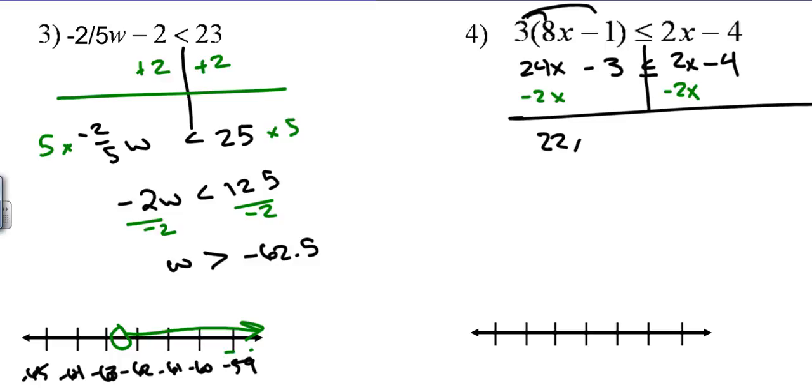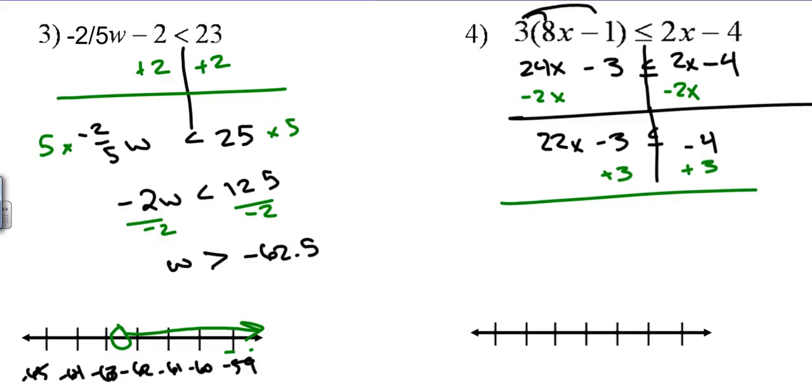So that's 22x minus 3 less than or equal to negative 4. And then we're going to get rid of this negative 3 by adding 3 to both sides. 22x is less than or equal to negative 1.